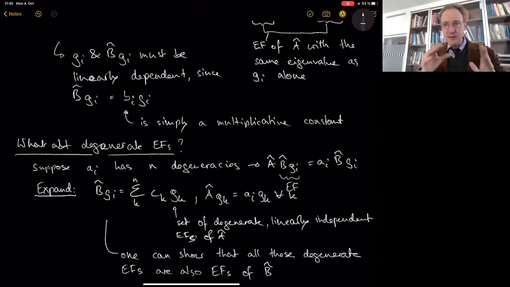So this theorem 4 is also powerful in general in that sense. It covers that scenario as well that you are talking about, degenerate eigenfunctions.